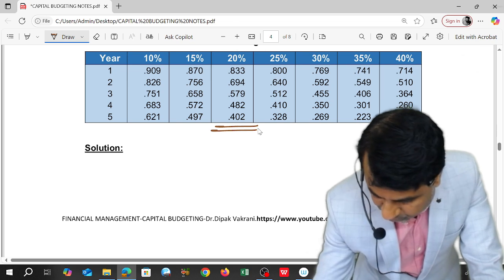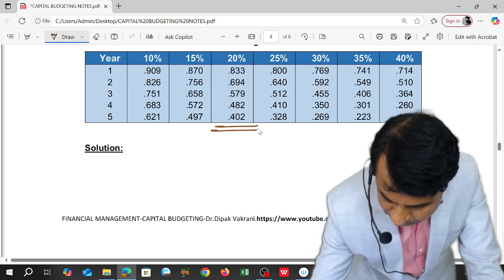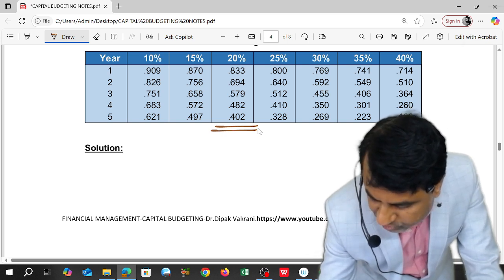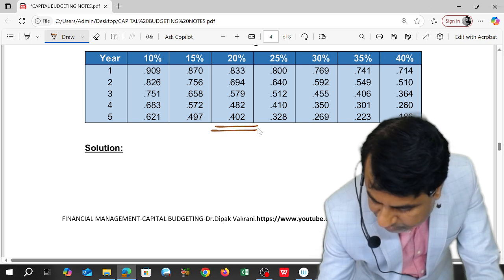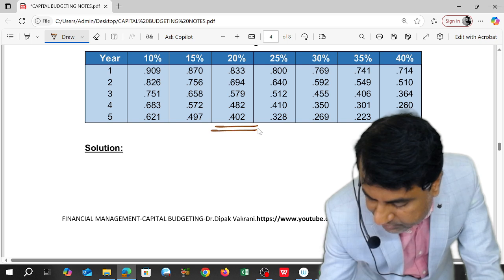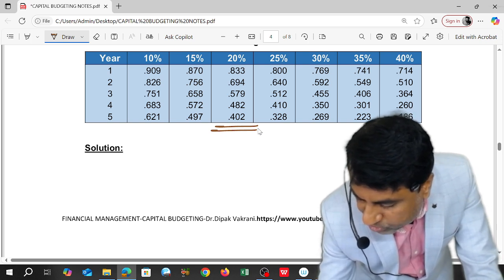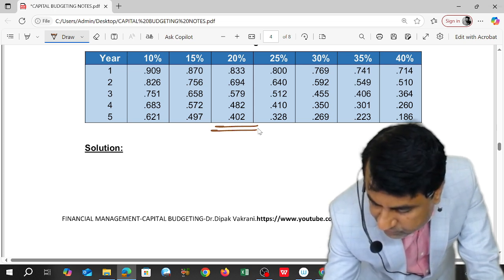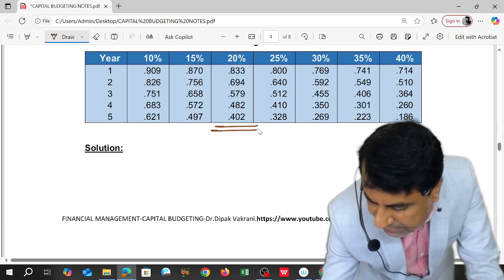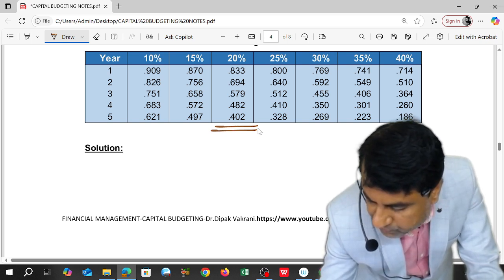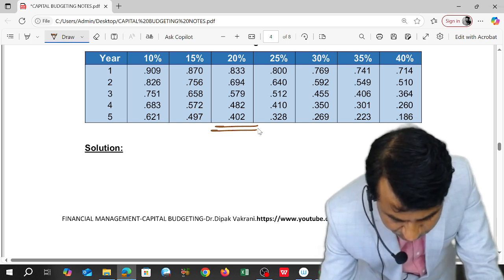0.833. These are the discounting factors. You can use a calculator or do it on your own, that is very much possible. So 0.833, the first one, plus 0.694. This I can do only when cash inflows are an annuity. Otherwise, I need to multiply individually and then do the total. So 0.833 first, 0.694 second, 0.579 third, plus the fourth one given as 0.482, plus the last one is 0.402.